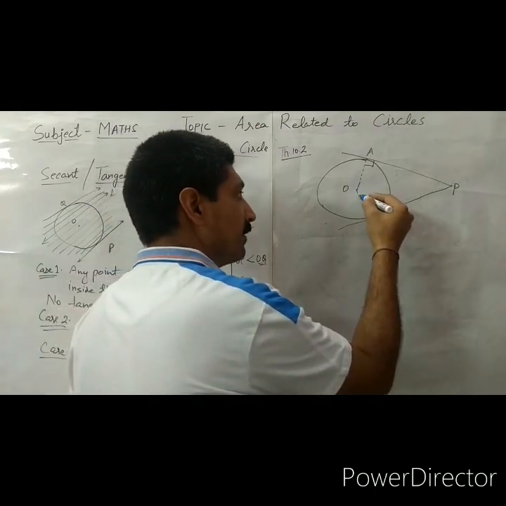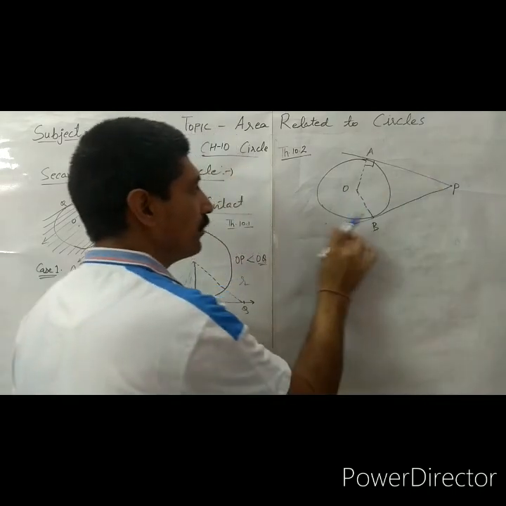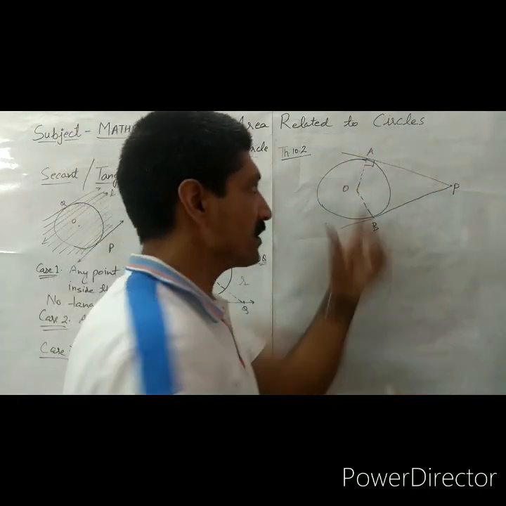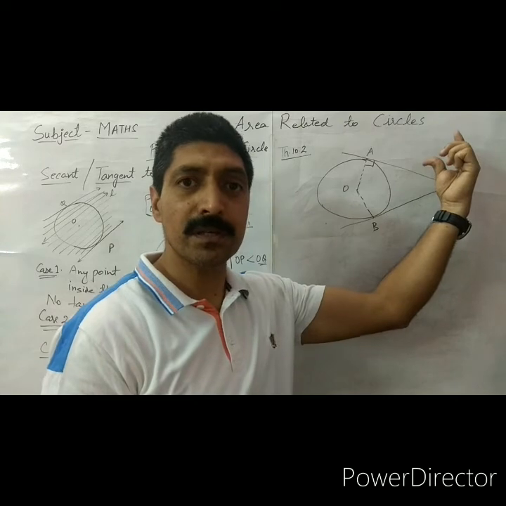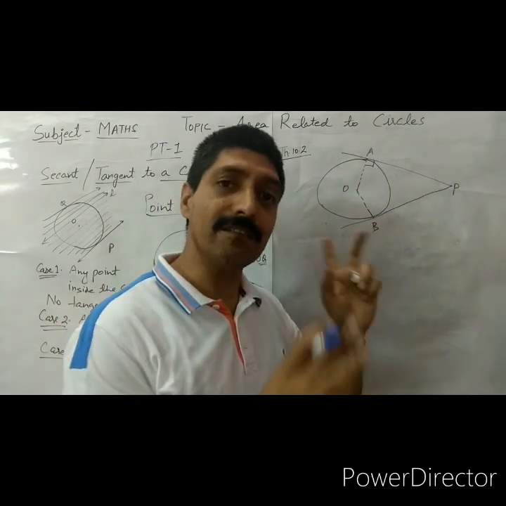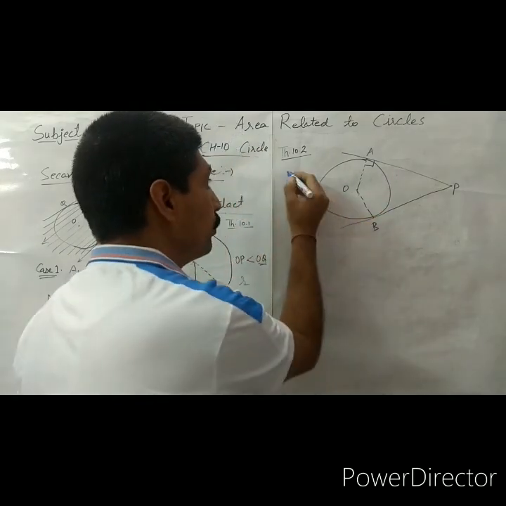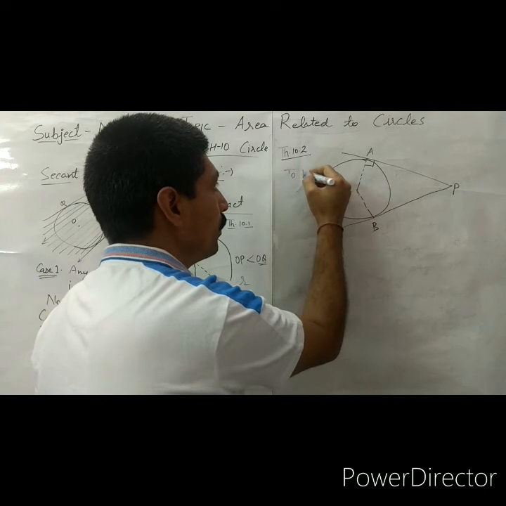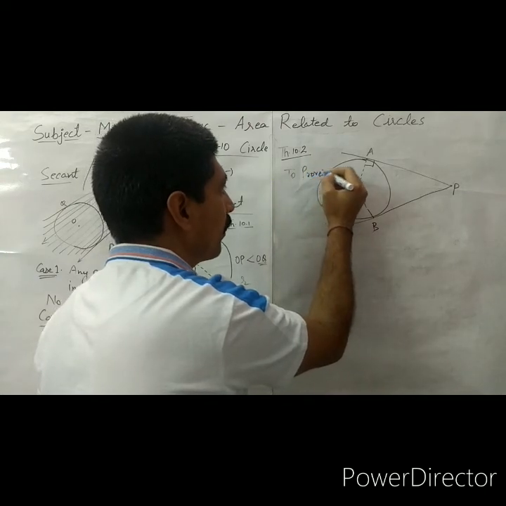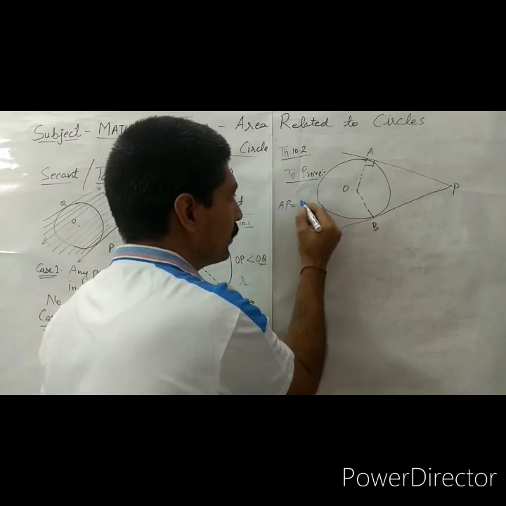Or sometimes the statement is given, and so join O with P. You can write down the statement of the theorem. It says that the length of the pair of tangents is always equal. So we want to prove here that AP is equal to BP.